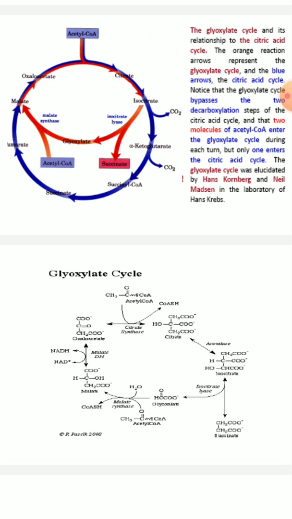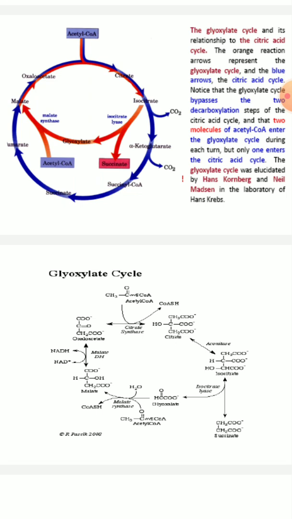Oxaloacetate condenses with the acetyl-CoA molecule, coenzyme A is removed by the citrate synthase enzyme, and citrate is formed. Citrate is acted upon by the aconitase enzyme, as usual in the TCA cycle, to form isocitrate.